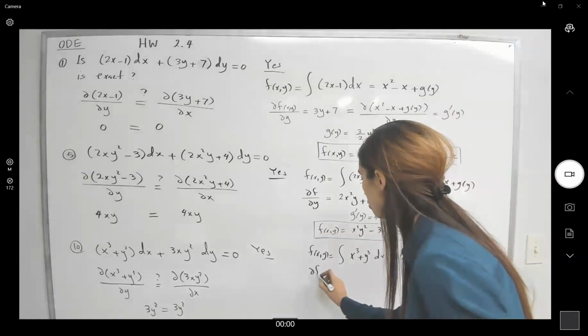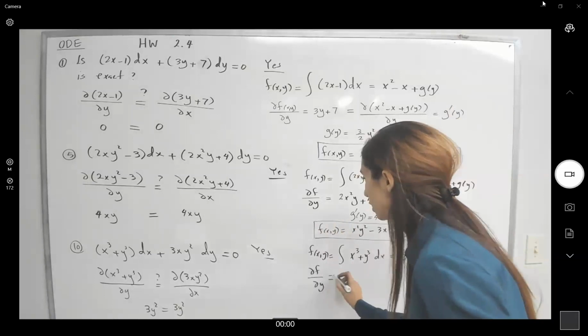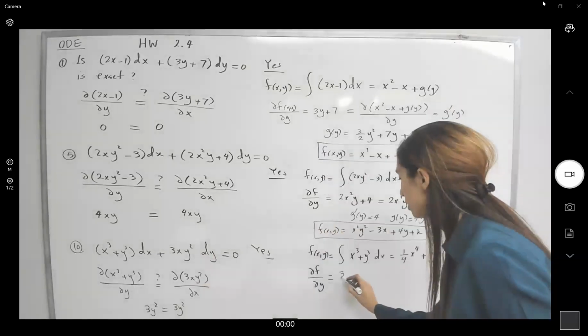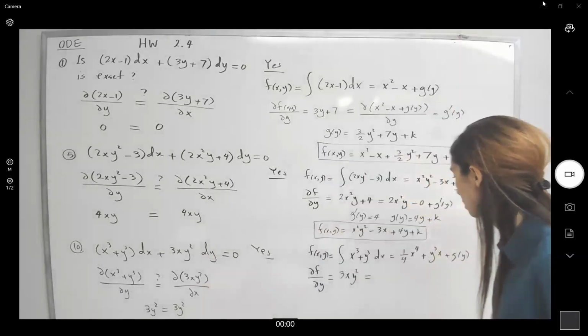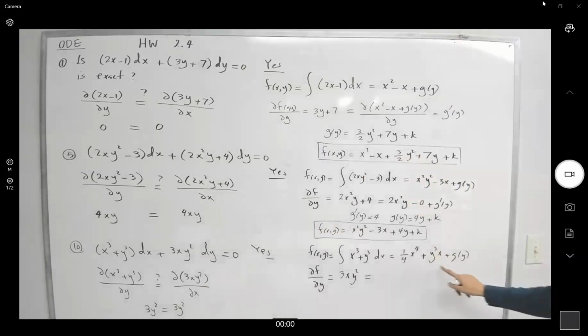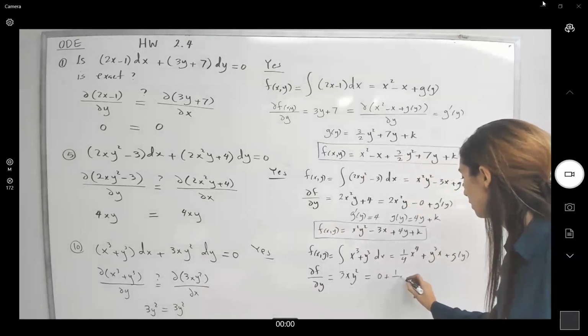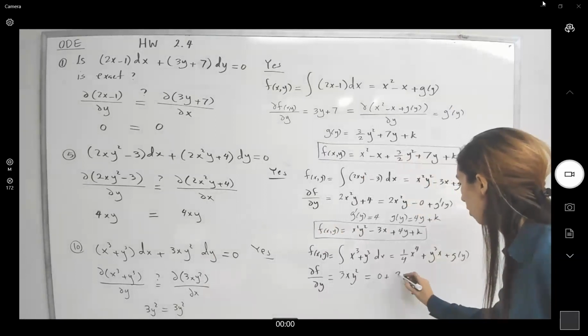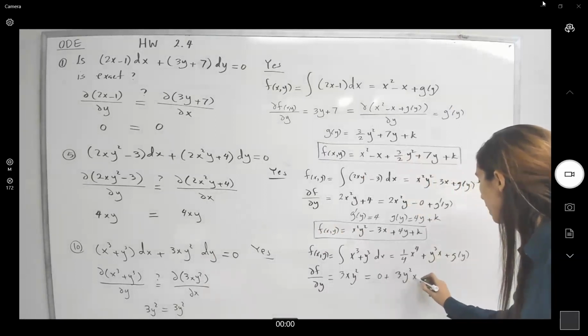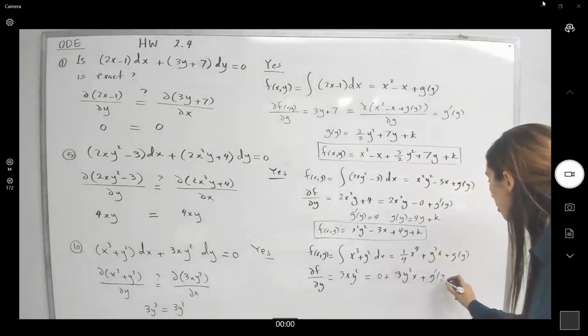And now the partial derivative of f with respect to y is equal to n, which is 3x y squared. So the partial derivative of f with respect to y is 0 plus 3y squared x plus g prime of y.